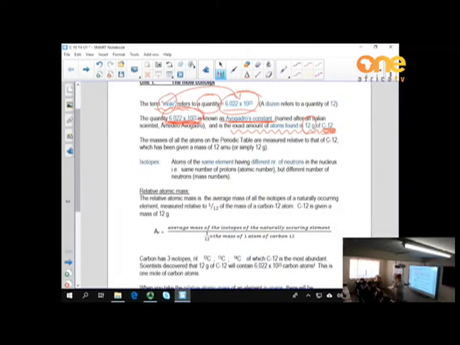But what does that 12 mean on carbon-12? Yes, carbon is element number 6. It has 6 protons. The specific isotope has got 6 protons and 6 neutrons, so it's got a mass number of 12. Okay. Now, 1 proton has a very, very, very tiny mass. All right.